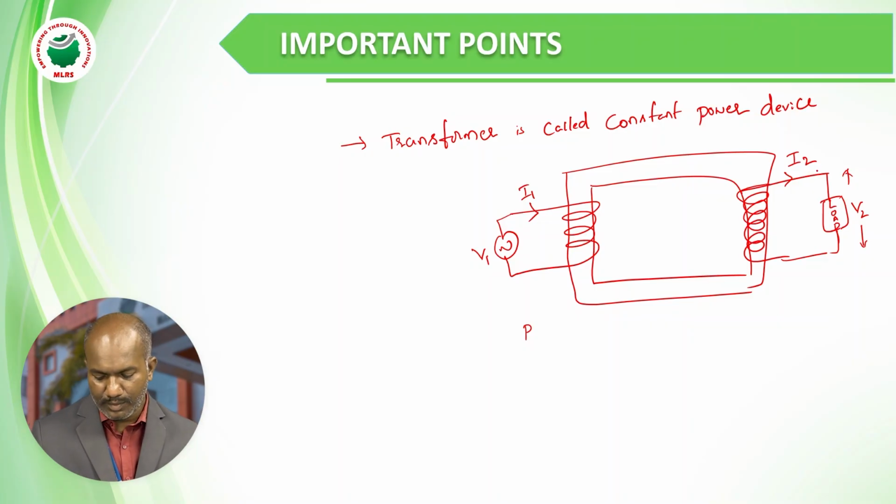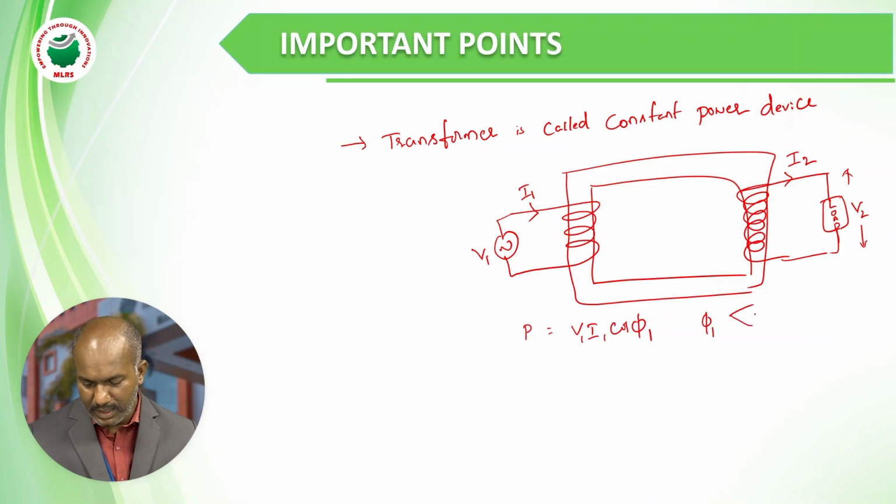So power in the primary winding is given by V1 I1 cos phi1, where phi1 is the angle between V1 and I1. What is the power in the secondary winding?